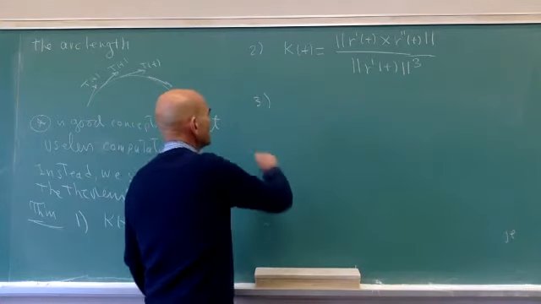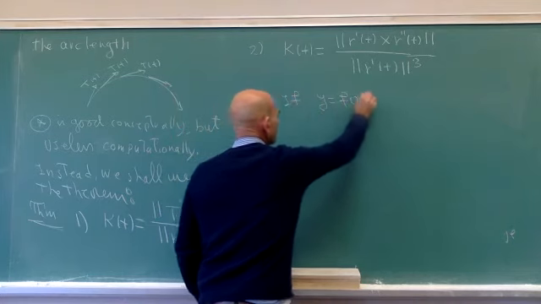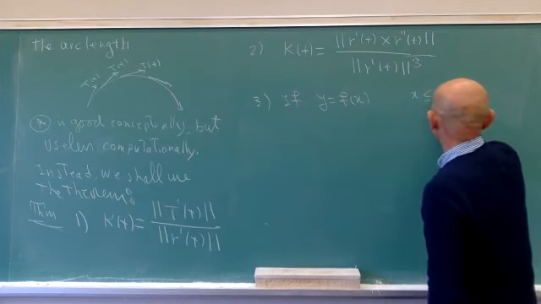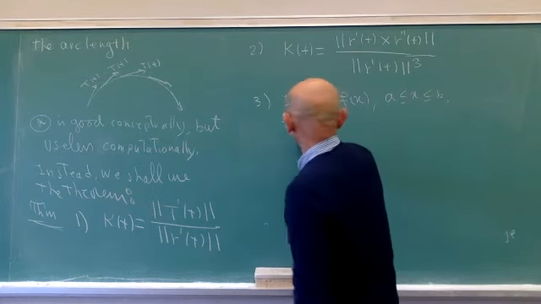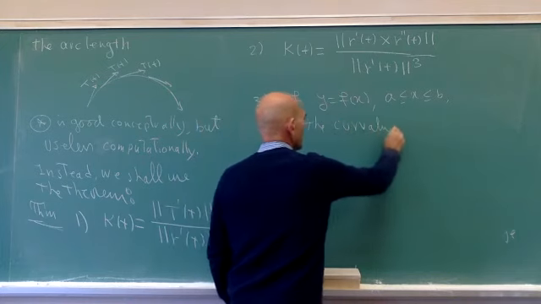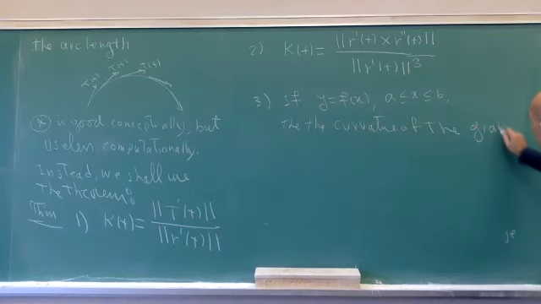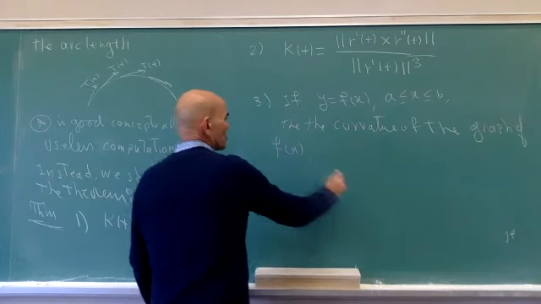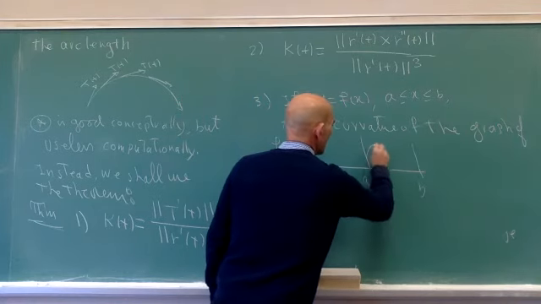And the third part is, if y is equal to f of x, x say between a and b, then the curvature of the graph of this, so this is the curve of the graph, right, between a and b.